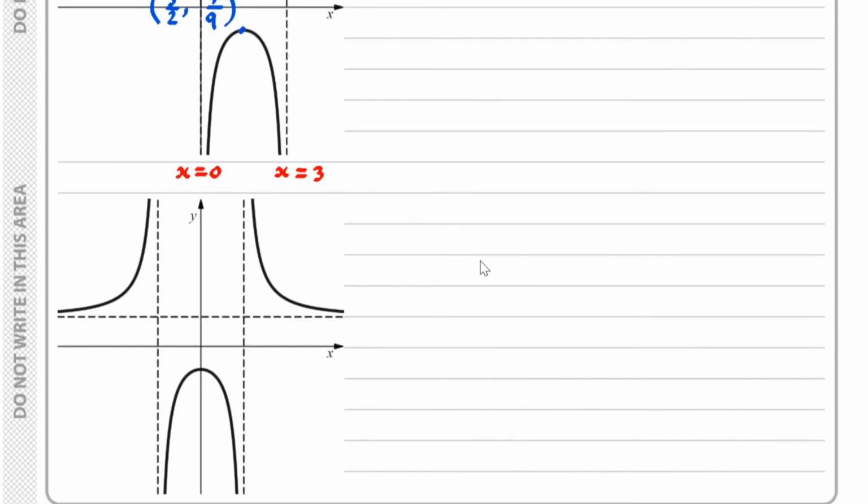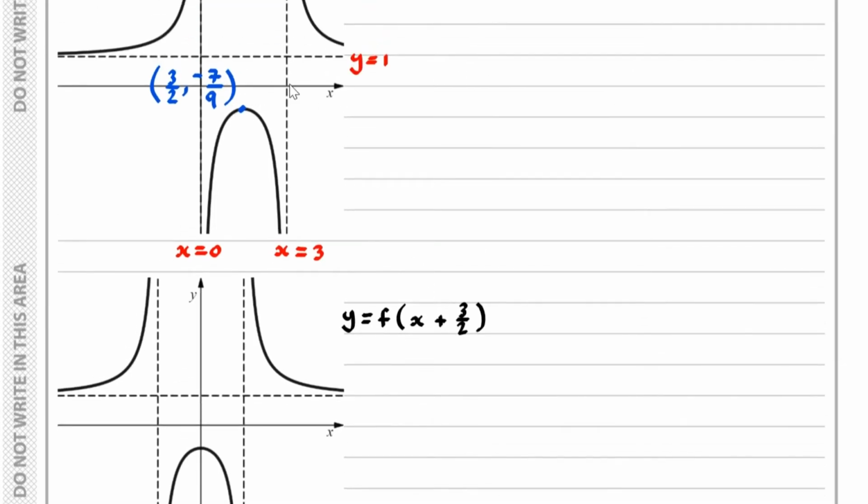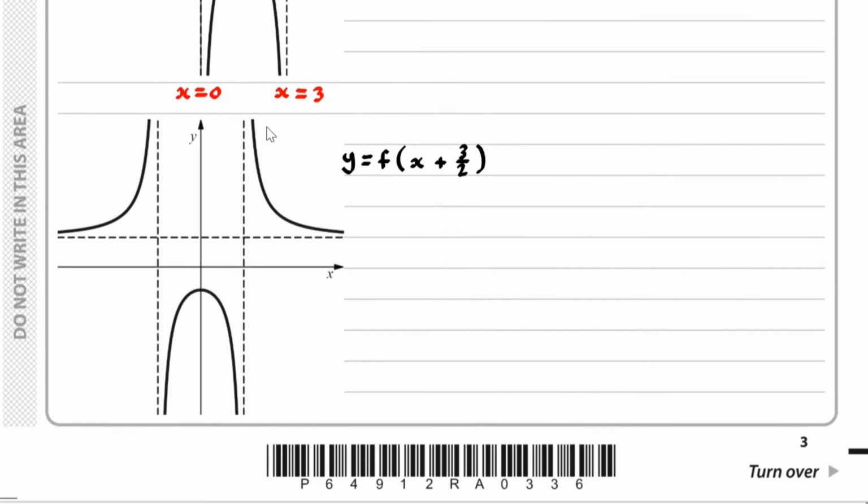So what we now have over here is the graph of y equals f of x plus 3 over 2. We have shifted the x coordinates 3 over 2 units to the left, and the result of doing so, our asymptotes will move 3 over 2 units to the left.